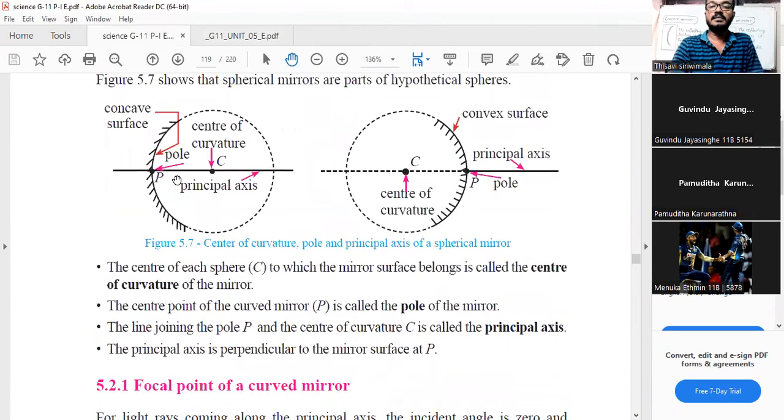Look at the diagram. The dotted line represents the hypothetical sphere and the section cut from it. Concave surface, this one; convex surface. And there are certain things that were named. The center of curvature is the center of the sphere, and the line joining the center of curvature and the center of the mirror is called the principal axis.